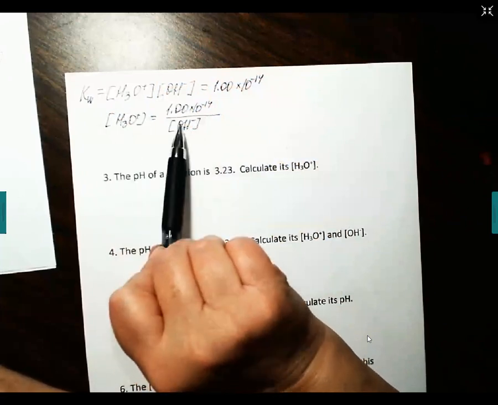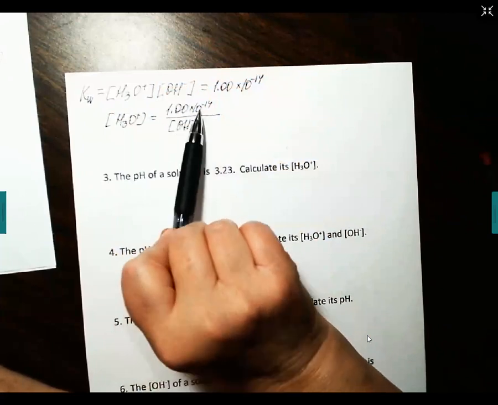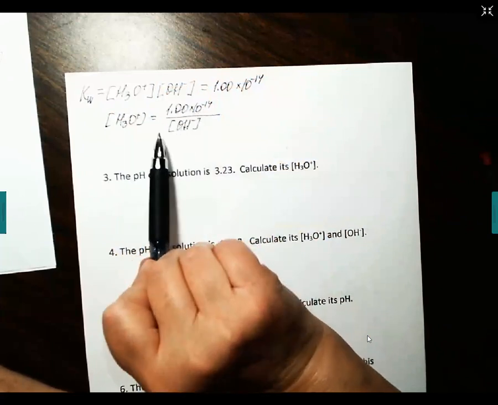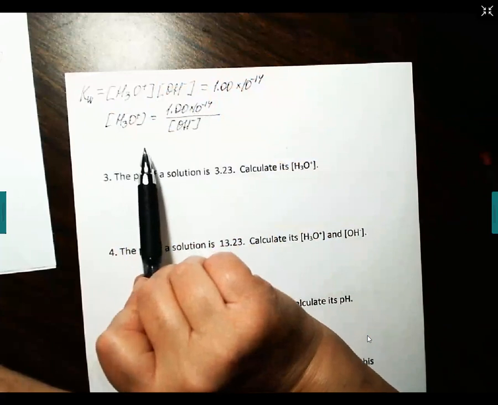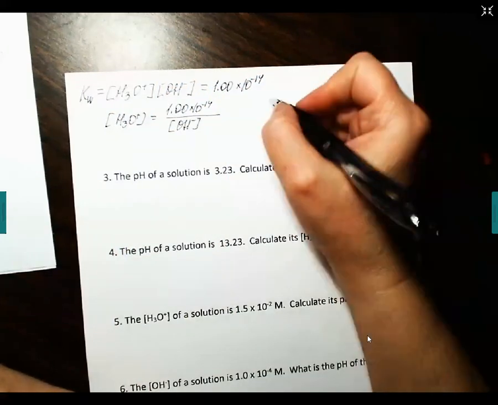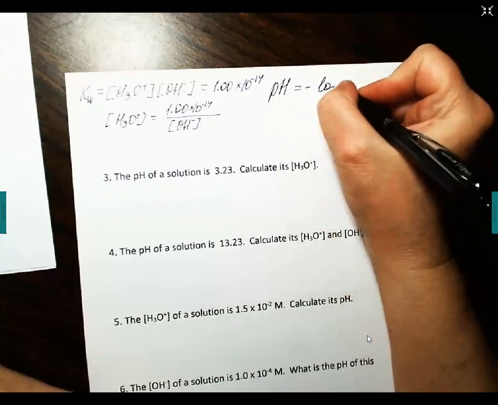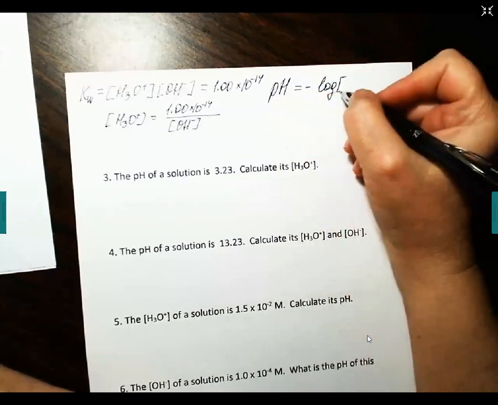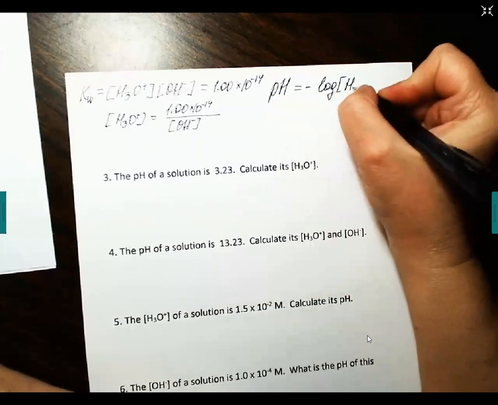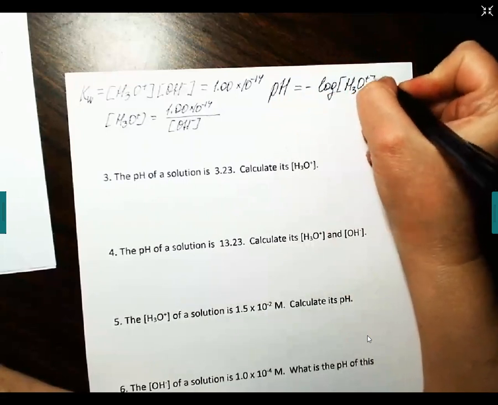If we need hydroxide concentration, we will divide 10 to the negative 14 by hydronium concentration. pH always equals negative decimal log of concentration of hydronium ion.